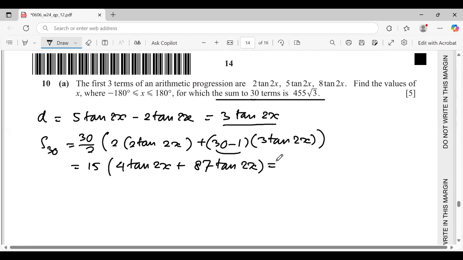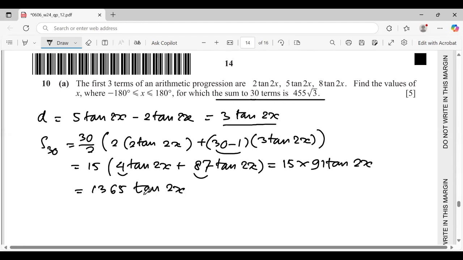It becomes 15 times (4 plus 87), which means 91. So 15 times 91 tan x. If you calculate, the result is 1365 tan x.